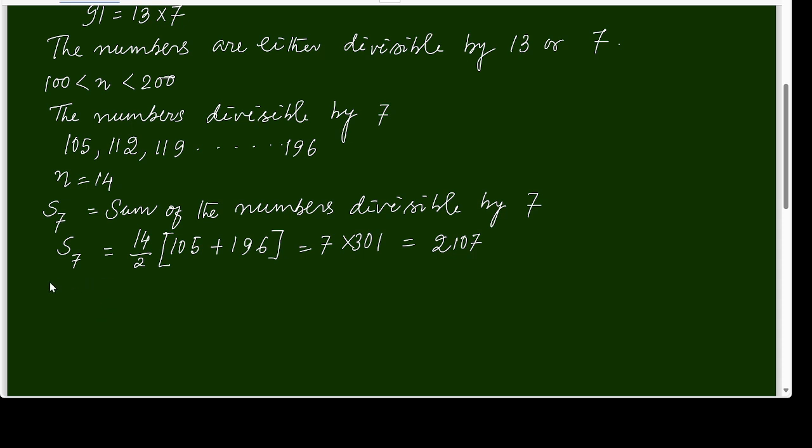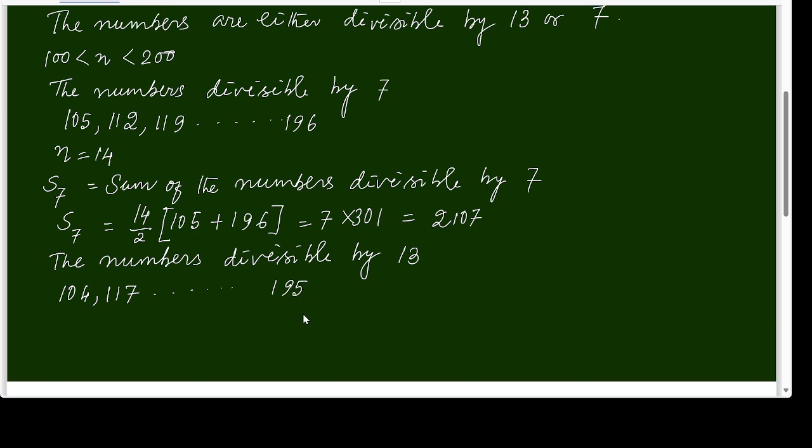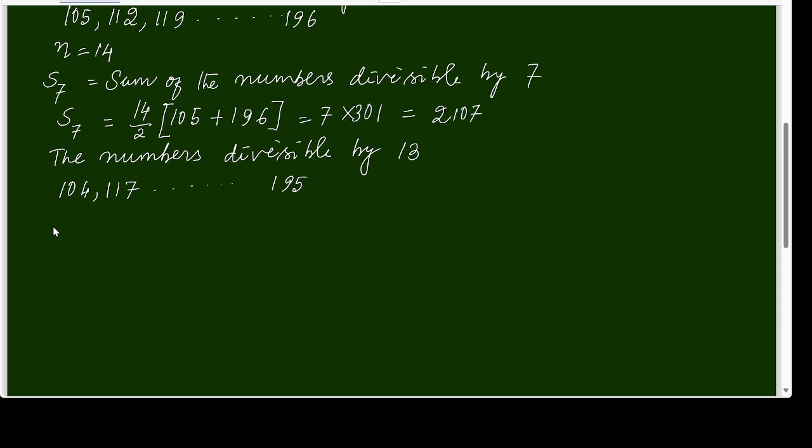Next is the numbers divisible by 13. The first number after 100 divisible by 13 is 104. Next will be 117, and the last number will be 195, which is divisible by 13. So here you will count, n will be 8.